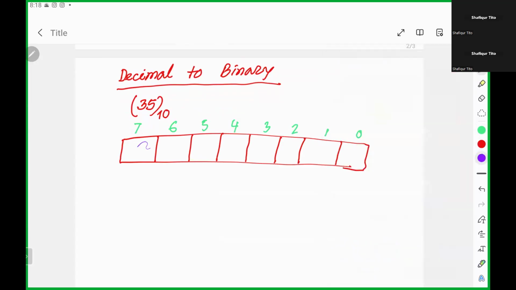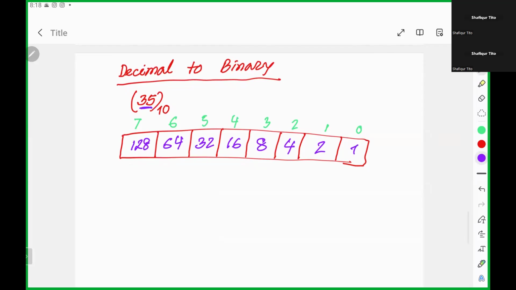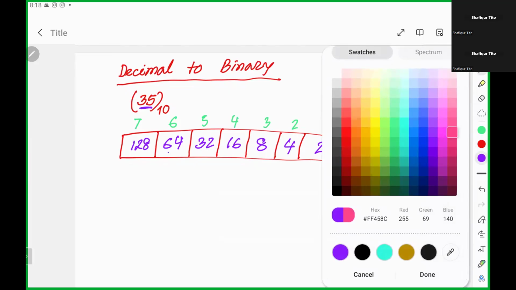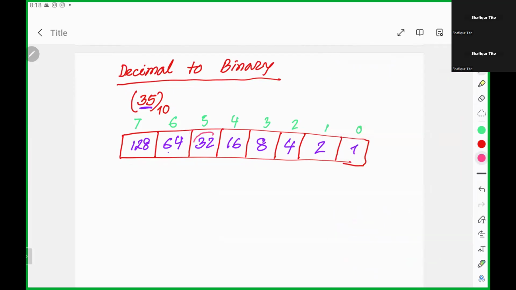We'll use the purple again. So 128, 64, 32, 16, 8, 4, 2, 1. Okay, so my given number is 35. In this table, 64 is higher, 32 is smaller. So the first number I can identify is 32, which is smaller.